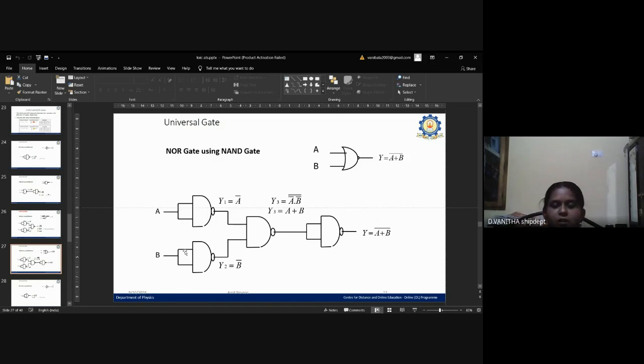Here Y3, the output of the third NAND gate, can be written as A bar dot B bar the whole bar. By using De Morgan's theorem, we can write it as A plus B. Then the output of the third NAND gate is taken as the input of the fourth NAND gate. So we get the output equal to A plus B the whole bar.